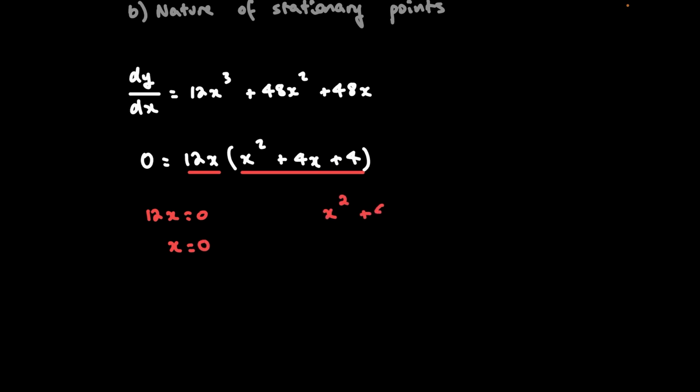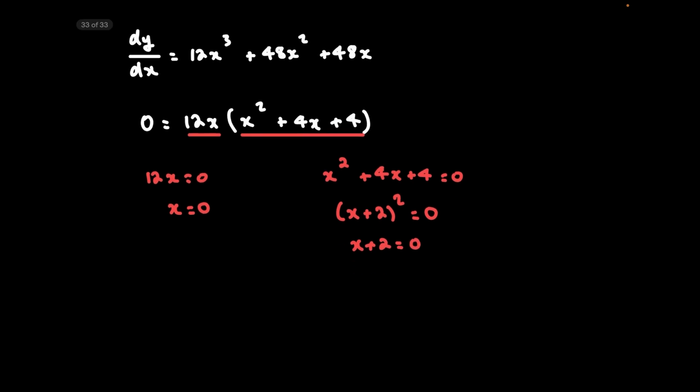Or x squared plus 4x plus 4 equals 0, and we can factorize this as a perfect square. We can then say x plus 2 must equal 0 by square rooting both sides, therefore x is equal to negative 2. These are the x values of your two stationary points.